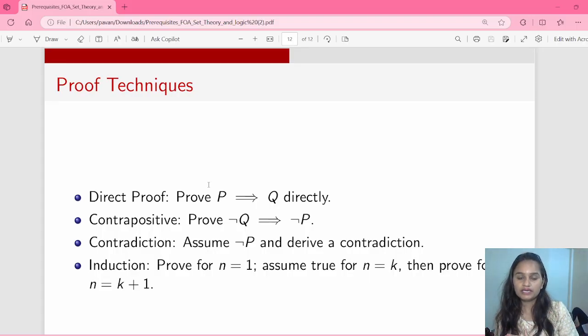Since we proved the first step is true, we can derive that the second step is true, the third step is true, and by induction we prove that it is true for all n. So this is the technique called induction. These are all the proof techniques you will use.